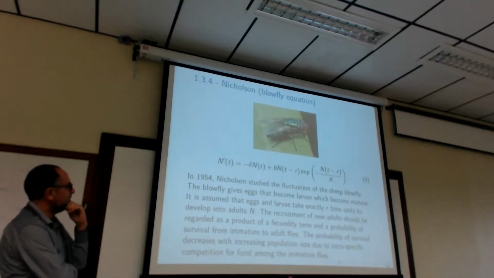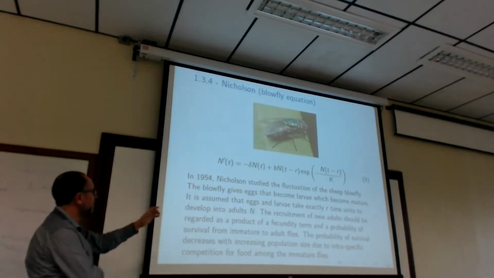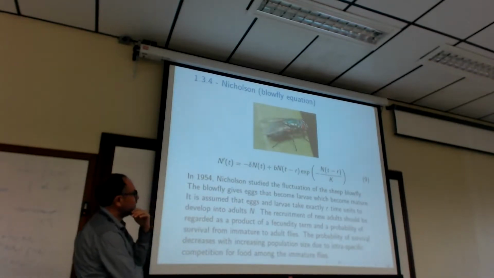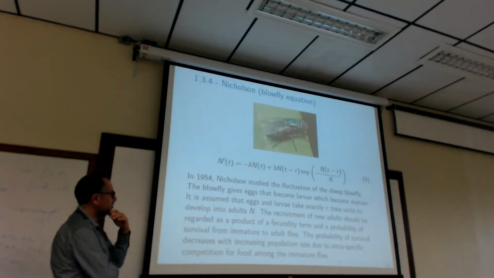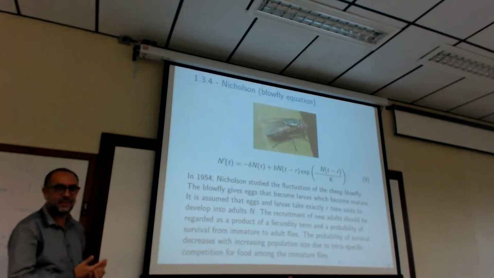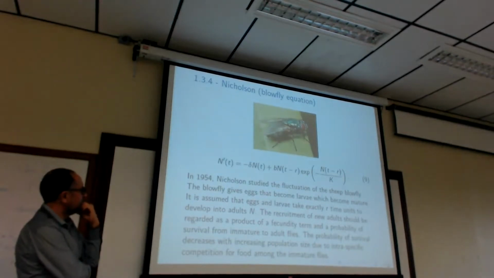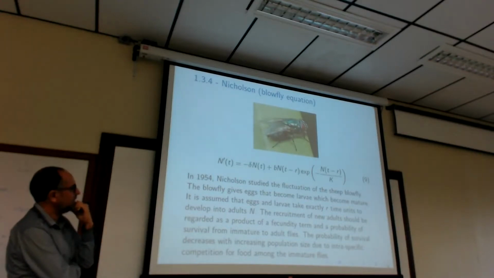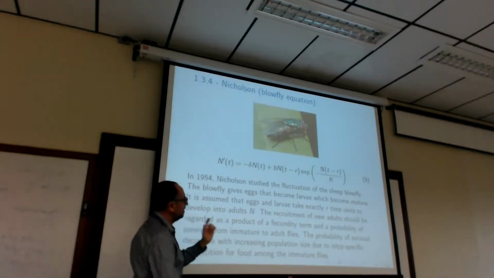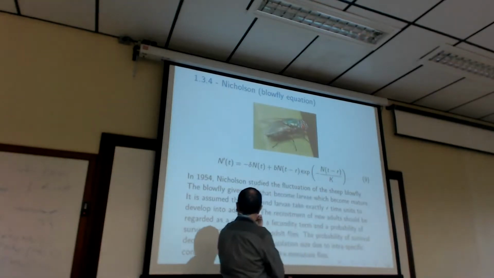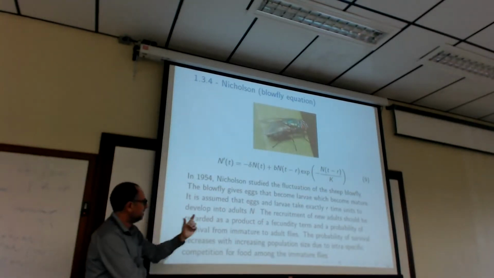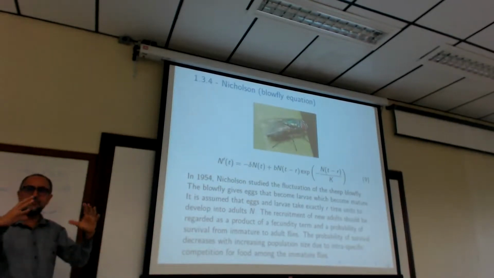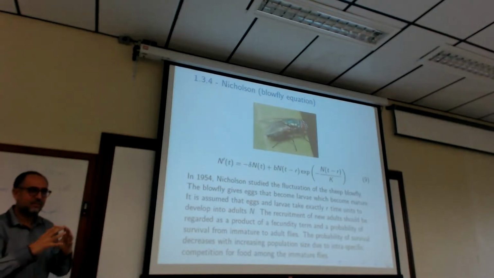Why do we add a delay here? It is the same explanation, because the blowfly gives eggs that become larvae, which become mature, but all this process needs time. He assumed that eggs and larvae take exactly tau time units to develop into adults. And here he considered only the population of adults. He skipped the process of immature blowflies.